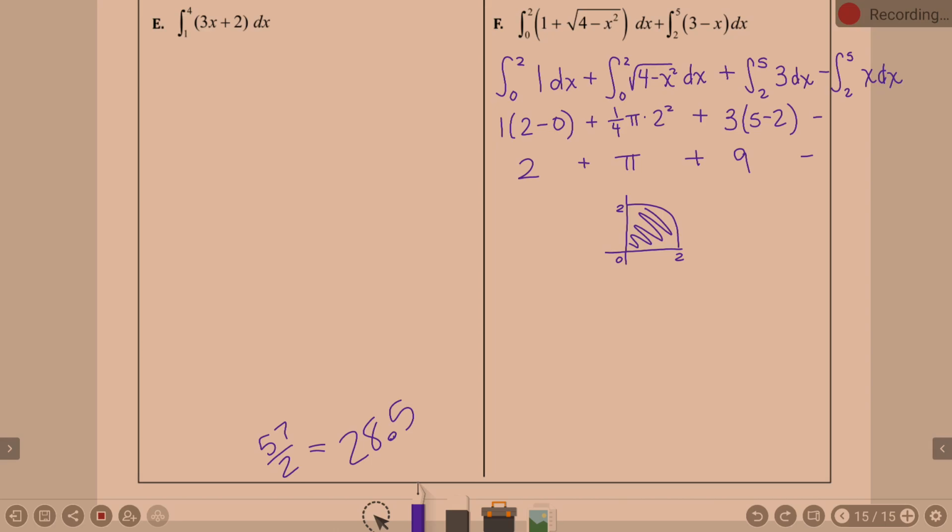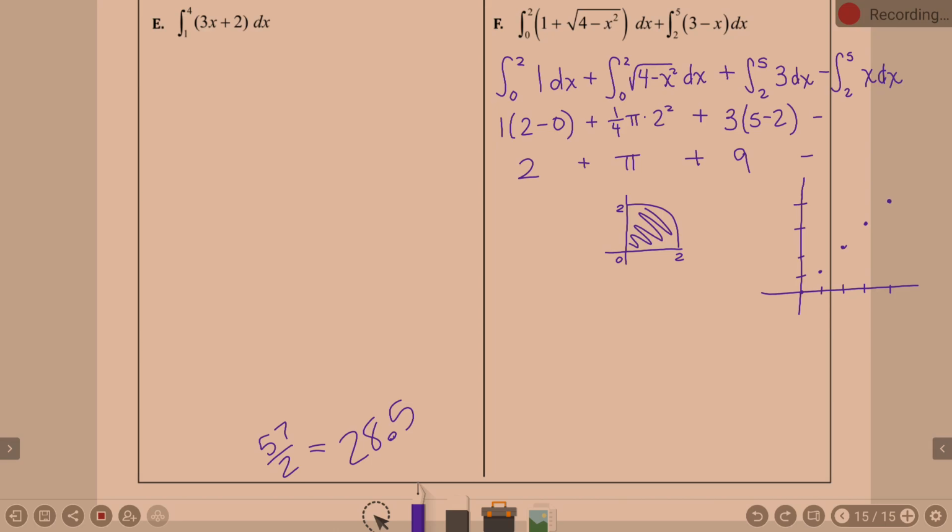At this point, I don't have a shortcut for you. I just don't, sorry. What is the graph of x? That's y equals x, right? Y equals x goes through 0, 0, 1, 1, 2, 2, 3, 3, 4, 4.